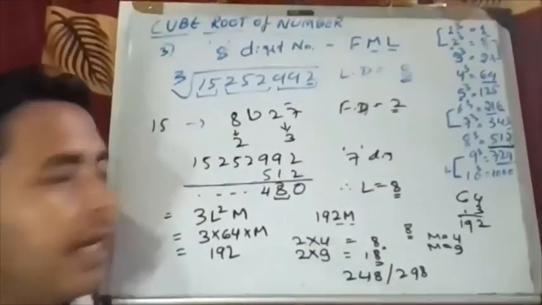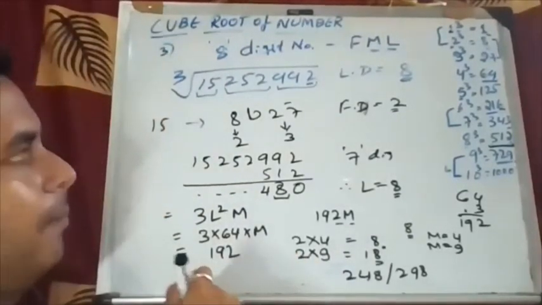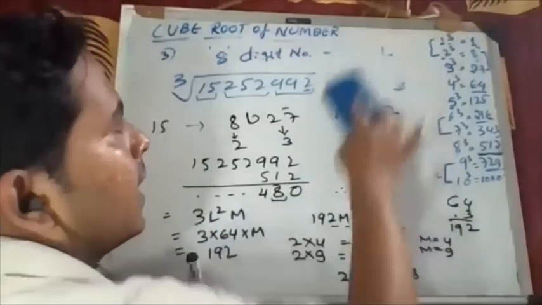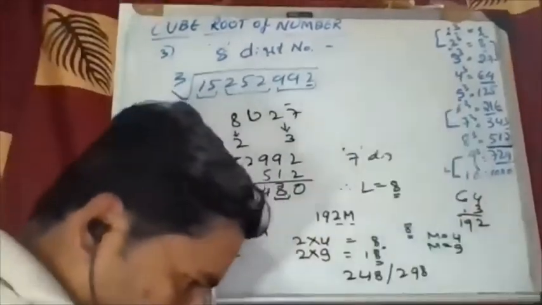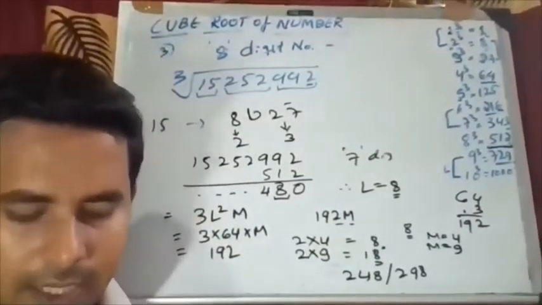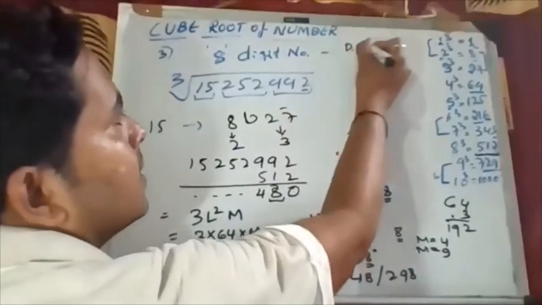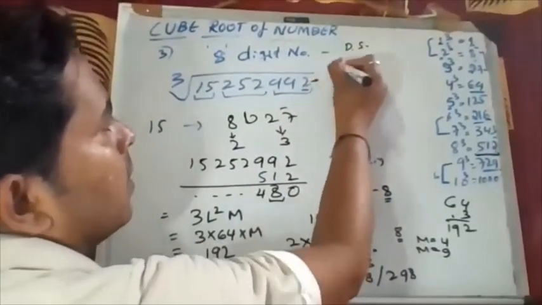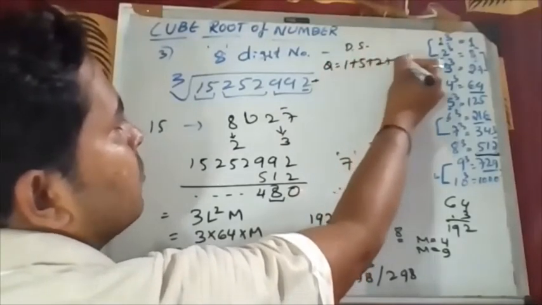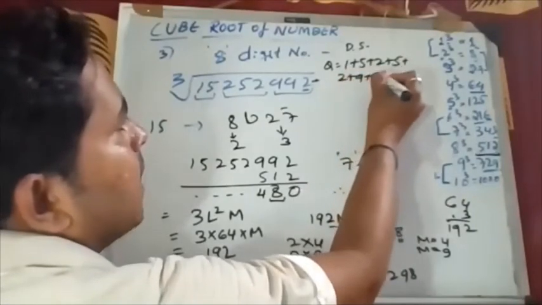So इसके लिए हमको क्या करना पड़ेगा, next we have to go to the digital sum. We have to go to the digital sum we did yesterday. Digital sum कैसे करना है, consider this question. Question is 1 plus 5 plus 2 plus 5 plus 2 plus 9 plus 9 plus 2.